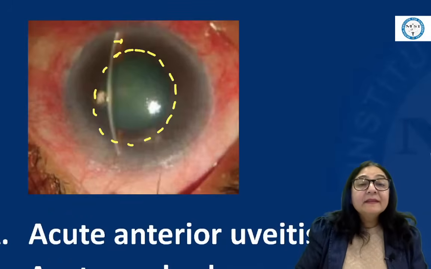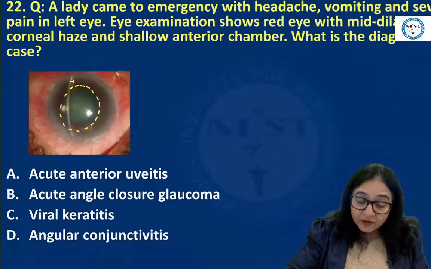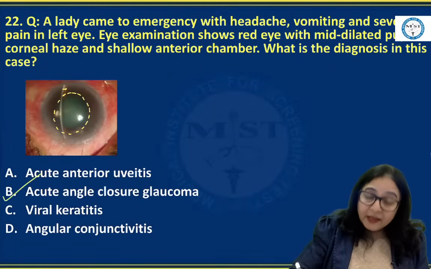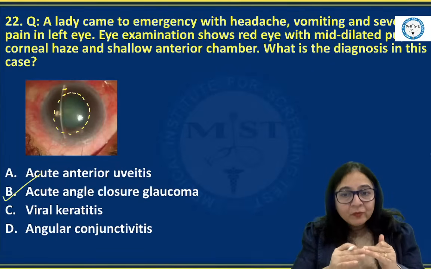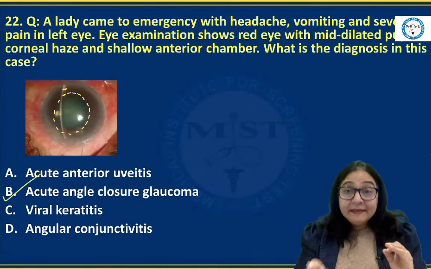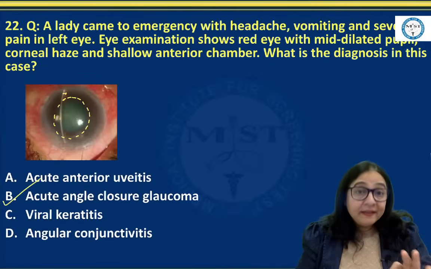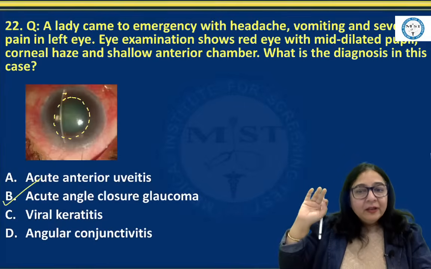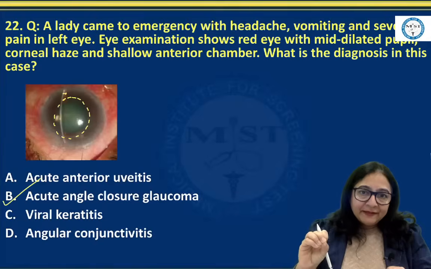So this is a picture of acute congestive glaucoma or acute angle closure glaucoma. Okay, so a similar question had come in your last exam as well. It came in the INI-CET exam as well, and has been coming in the NEET PG exam as well. So it has been covered in today's session so that you should not mark it wrongly.